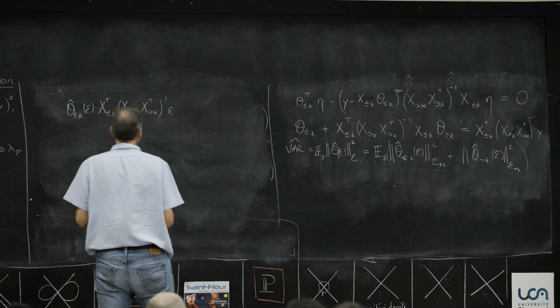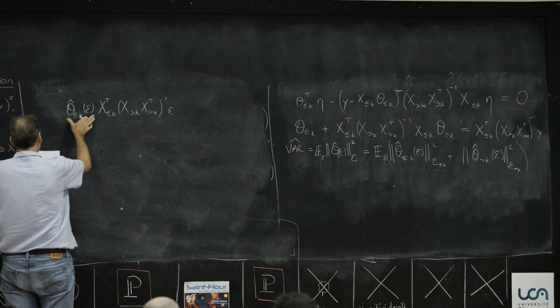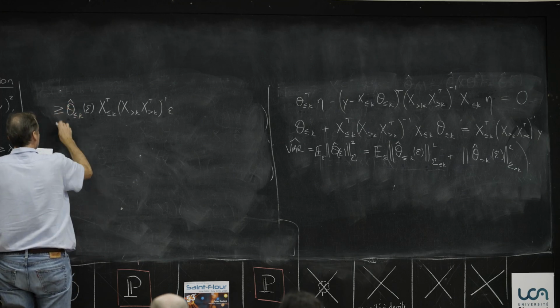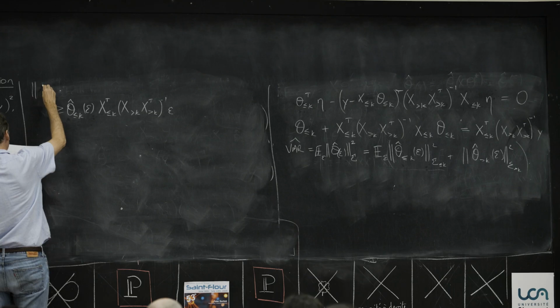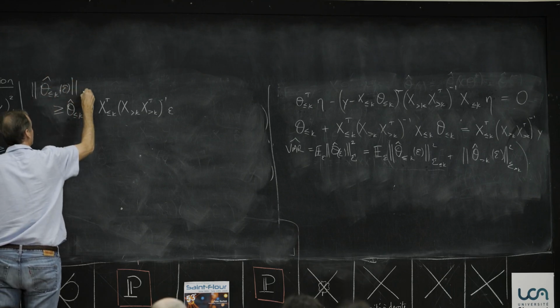So what am I doing here? I'm going to say that quantity is no more than the norm of this, because that's what I want to get control of. Theta less than or equal to k epsilon.